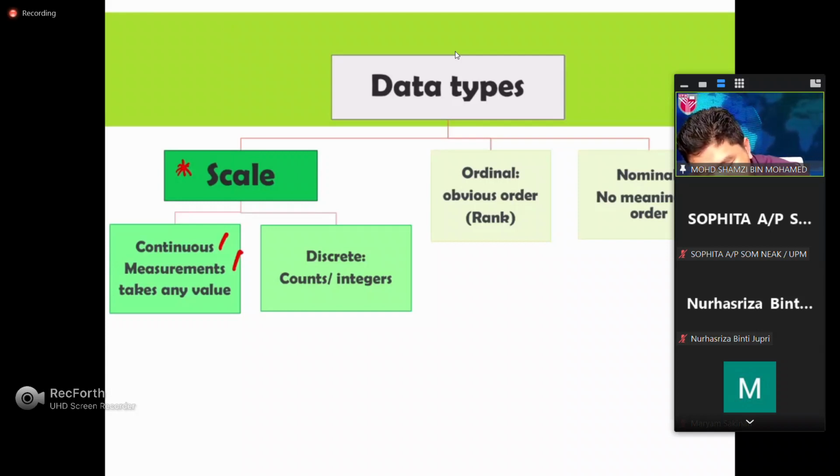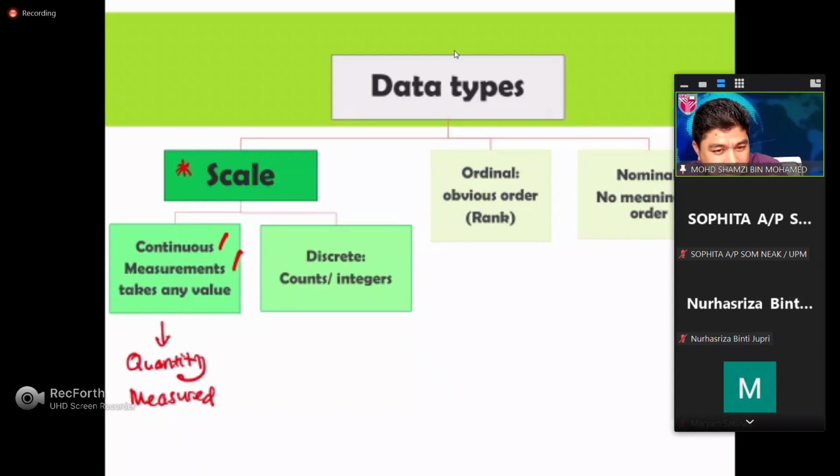Usually it is the quantity that you measure. You measure, you weigh, or you take the measurement. Okay, this one is clear cut. Scale can also be defined in discrete, which is integers or count.